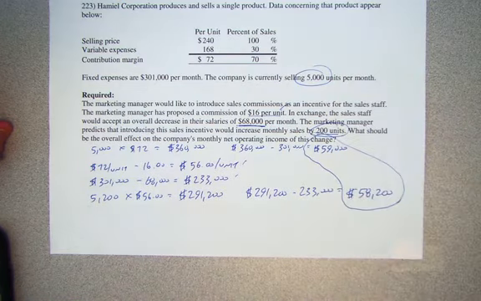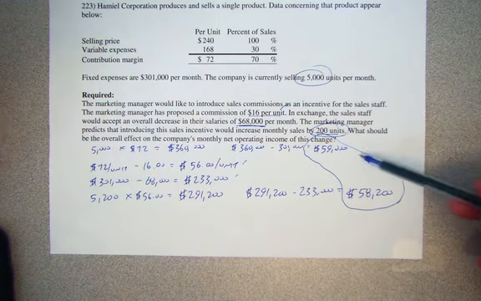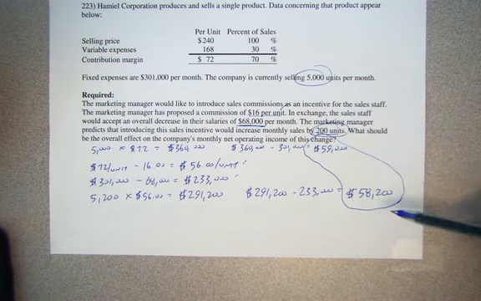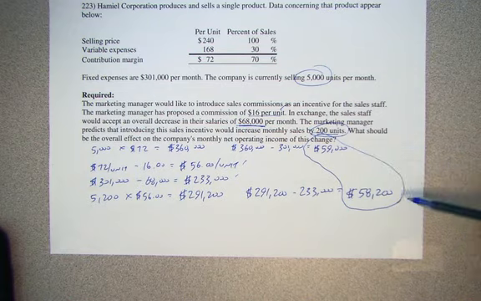As we take it a step further, let's subtract our new fixed cost level. 291,200 minus the 233,000, and we see that operating income will be $58,200.